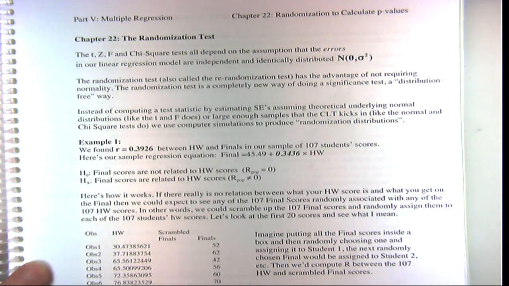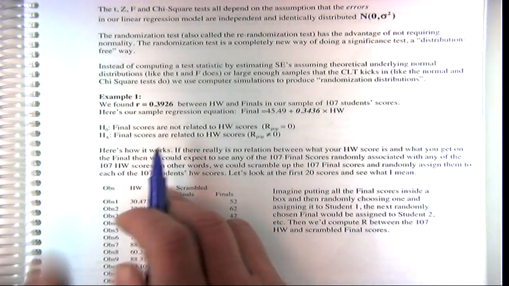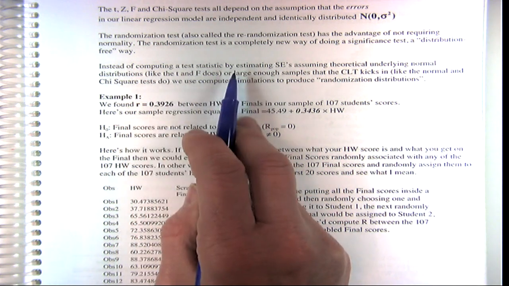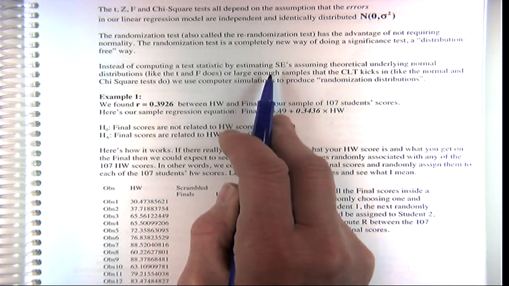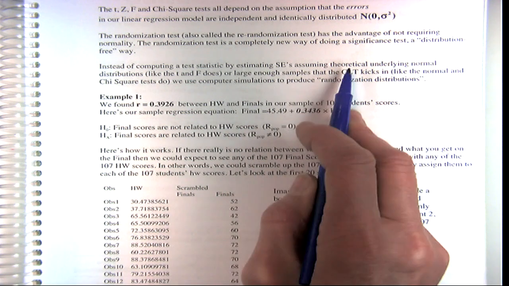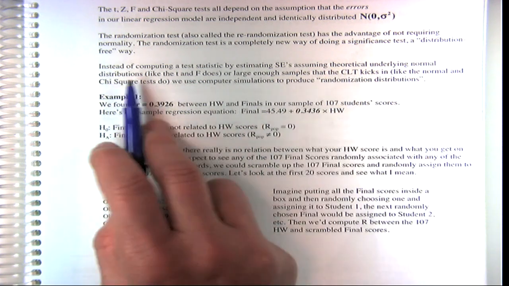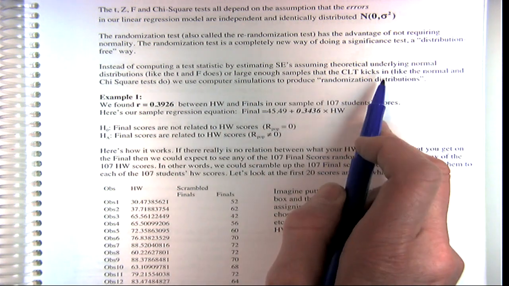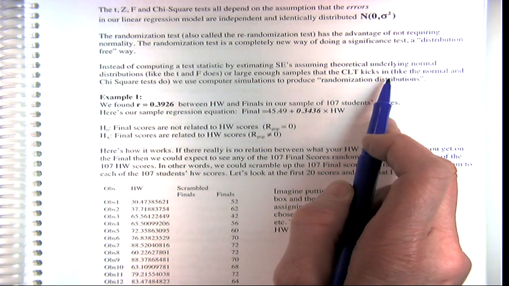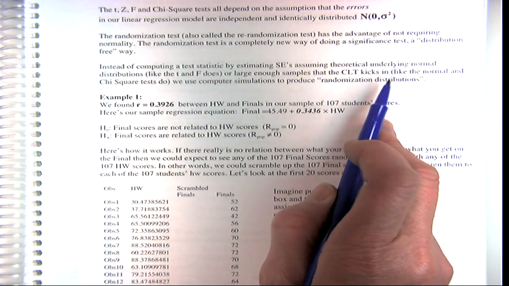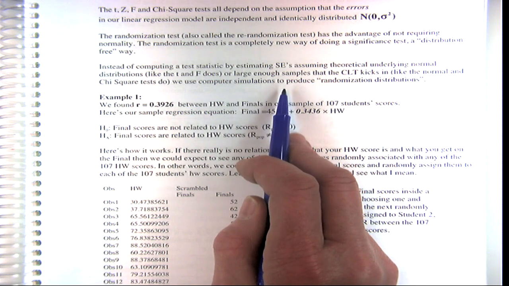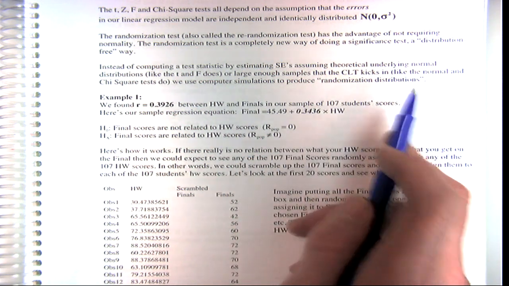Let's just look at simple regression. Instead of computing a test statistic by estimating those standard errors, assuming theoretical underlying normal distributions or large enough samples that the central limit theorem kicks in, and assuming that we're randomly sampling from a larger population, we do computer simulations to produce randomization distributions.